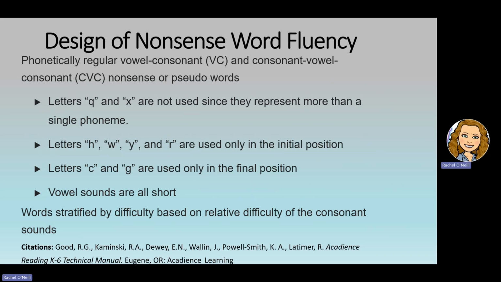For example, the letters Q and X are not used at all. The letters H, W, Y, and R are used only in the initial position in words. The letters C and G are only used in the final position in words so that they are always the hard sound, as in tick and bug. All of the vowel sounds are short ones.